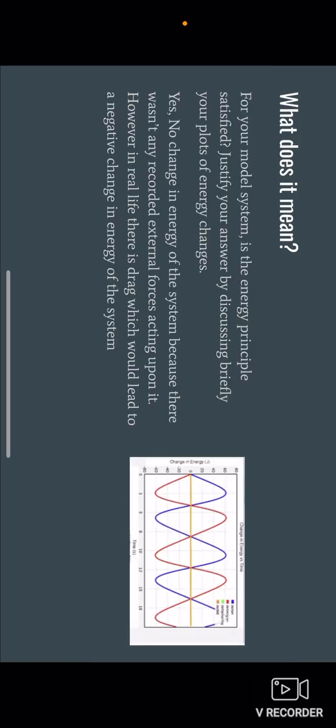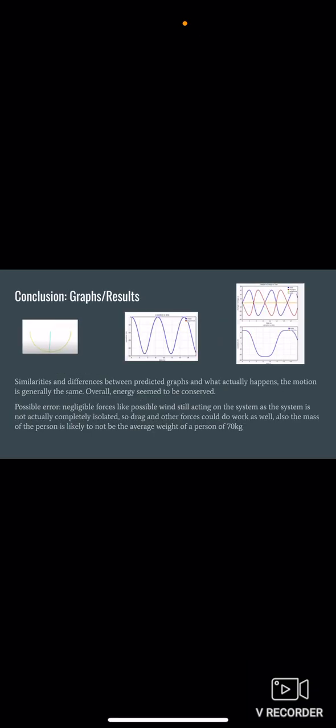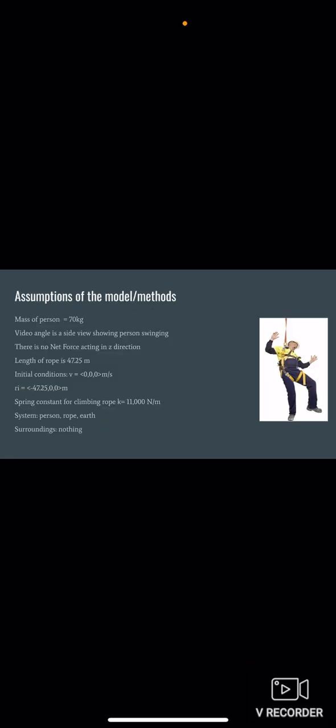So the GlowScript code, there's a lot of code here. I had to write it out. I had to add in all the different initial conditions, which were the 70 kilograms and the length of the rope, which was 47, and then use the different equations we had for the energies.